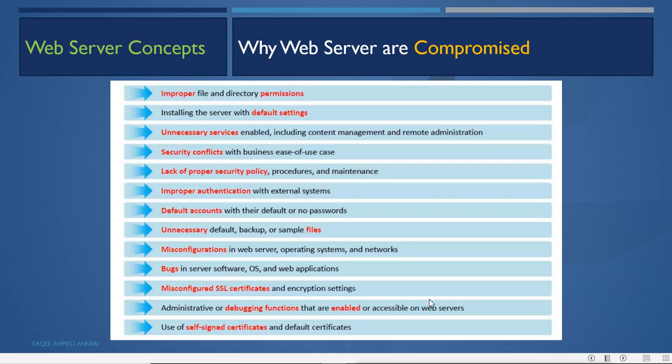Use of self-signed certificates and default certificates, that is what I said. If you use a self-signed or default certificate, they are not secure because the decryption keys are stored on the same server and can be easily accessed. If the attacker gets access to that key, it is easy for the attacker to decrypt all the encryptions and compromise your server.